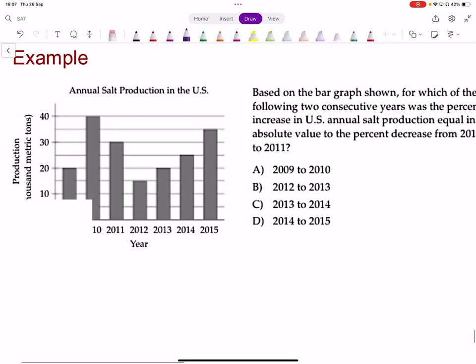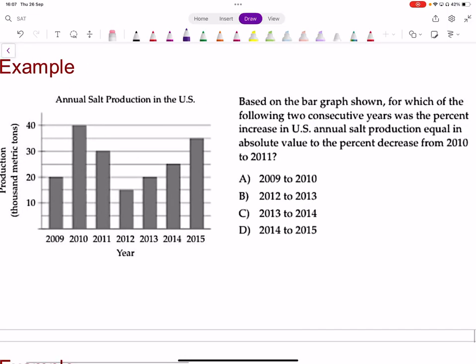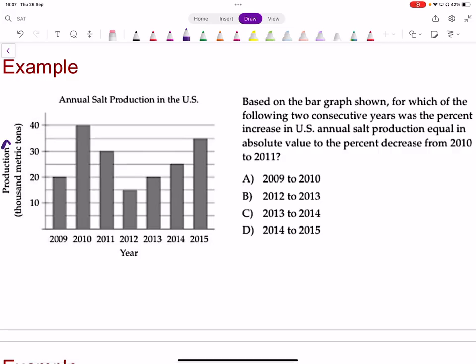Okay. All right. Let's have a look at this bar chart now. So the vertical axis has salt production, in 1,000 metric tons. And the horizontal axis has years.